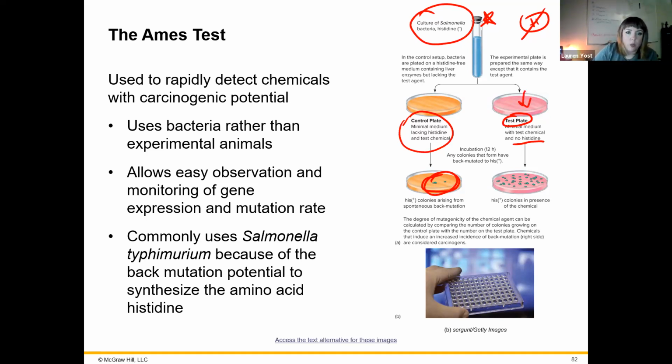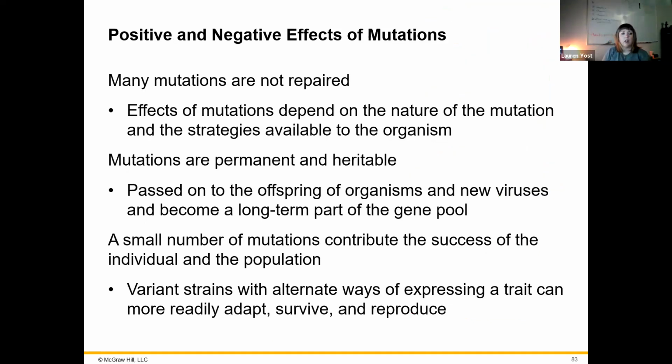Now we will plate our Salmonella, unable to make histidine, onto this plate and then let it grow. And if we get a lot of growth, that means that our bacteria have mutated so that they can now make their own histidine again. So that's bad. That means this would be a mutagenic chemical that we've added to that media. So that's how that's supposed to work, and how we can look at certain chemicals to see their safety.